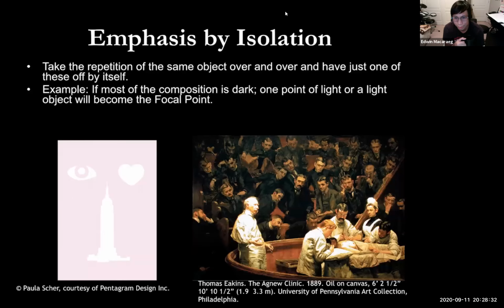Not only are these subjects closer to the viewer, but they're also highlighted. There are lights shining upon them from different angles. The colors are even more vibrant than the colors in the negative space. So there's a very strong use of isolation here.